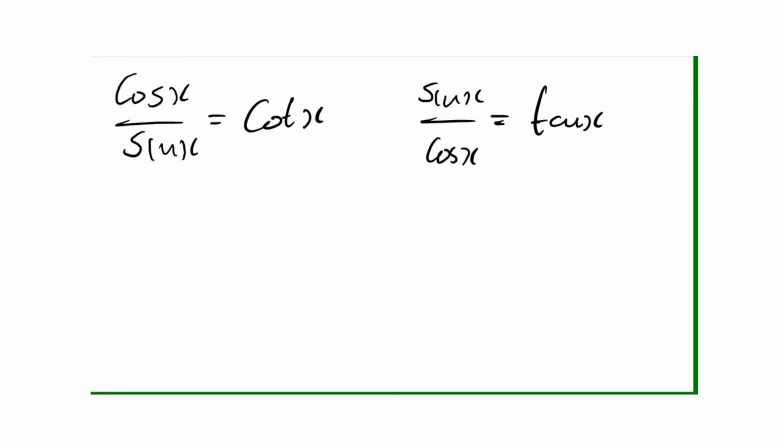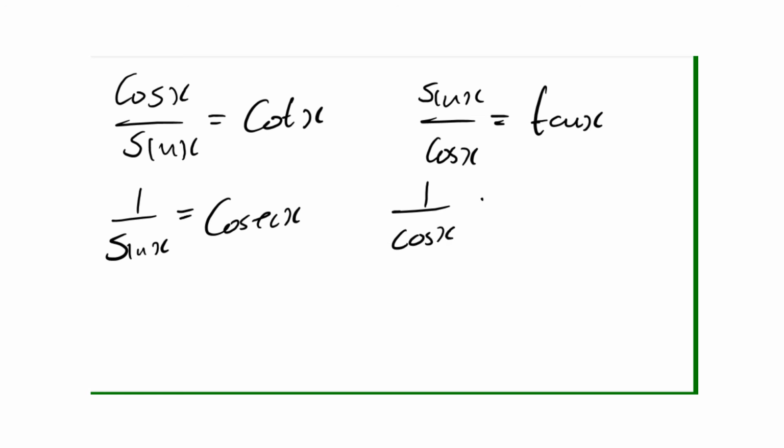Then 1 over sine, this 1 over means the opposite, so you're gonna get cosec x. Then 1 over cos x, you're gonna get sec x. This is your opposite. This is how you solve them.